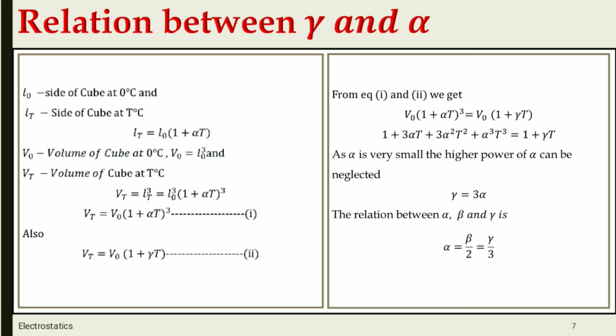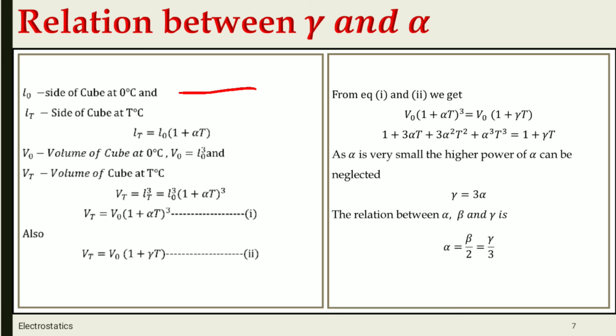In this way, you can find out the relation between gamma and alpha. Gamma is the coefficient of volume or cubical expansion, and alpha is the coefficient of linear expansion.